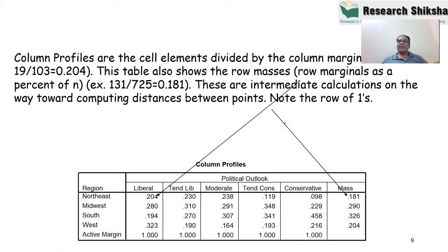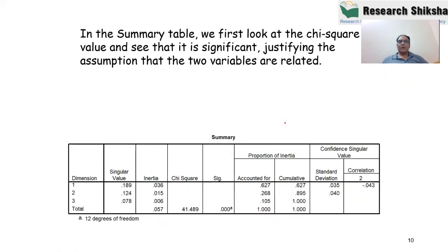One set of numbers we are getting by dividing with the row total, and the second set we are getting by dividing by the column total. So in this way, we can generate the coordinates of the plot, and by using these numbers, we can make the plots. Now, after that, the software applies the chi-square test, and the software will calculate something here.